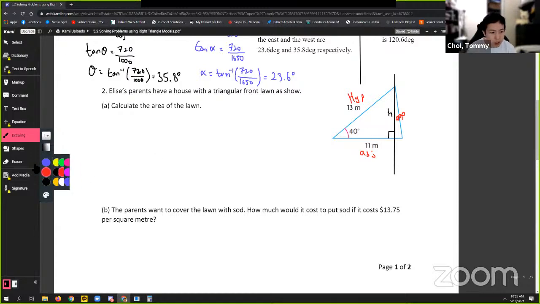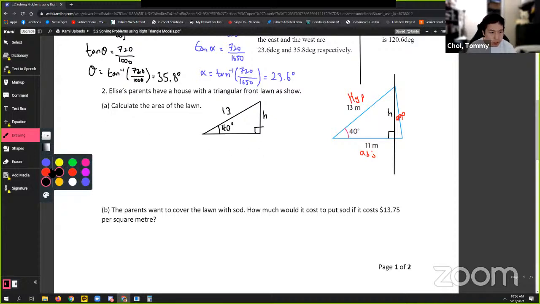So if we were to redraw the triangle that we care about, it would look something like this. We have this triangle here. We have the 90 degrees, H, 13, 40 degrees. So you can redraw what you have and then solve for that. For those that don't know the area of a triangle, area is equal to base times height, divided by 2.